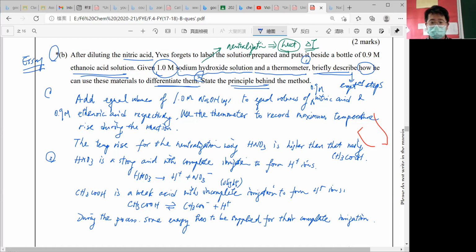So how about the nitric acid? So remember, no extra energy is needed.